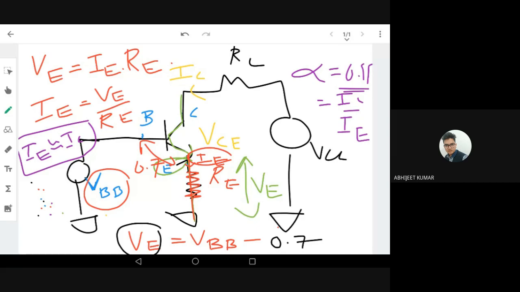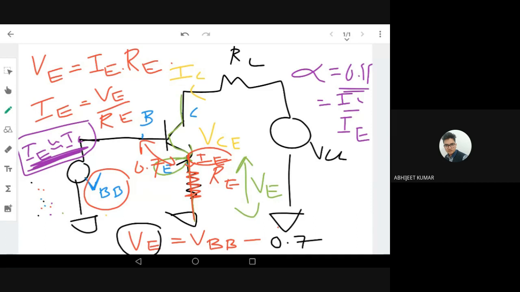For analysis purposes, as circuit designers we need to analyze very fast, so slight changes we can neglect. We can say IC is approximately equal to IE here. From this equation, I derive IE from VE, the voltage across the emitter resistance, dividing by RE, which is already given.